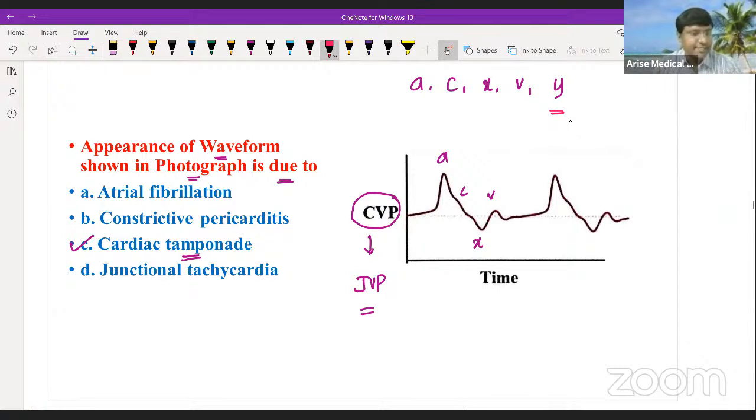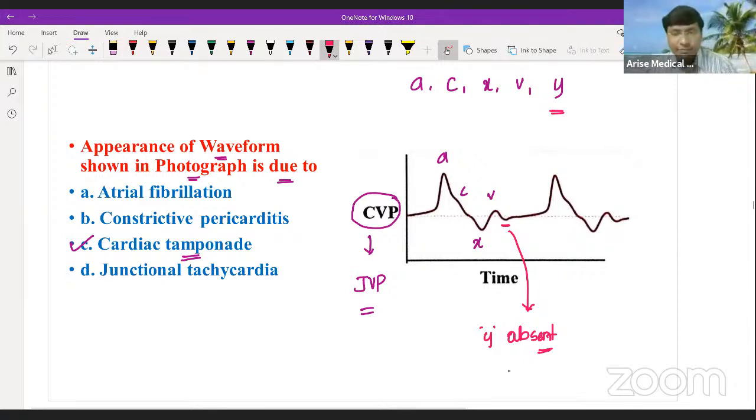Right, very good, Soumya. Excellent. So your Y wave is absent. You see, this should be your Y wave. So the Y wave is small or it is absent.